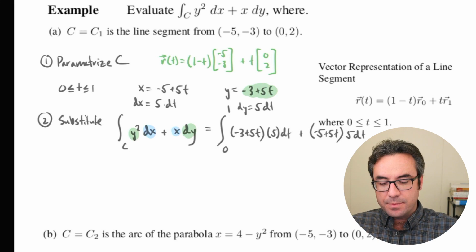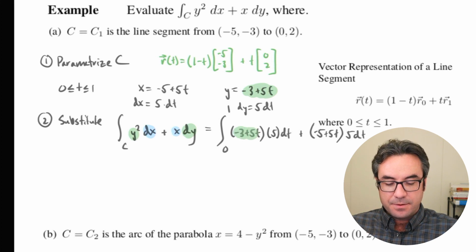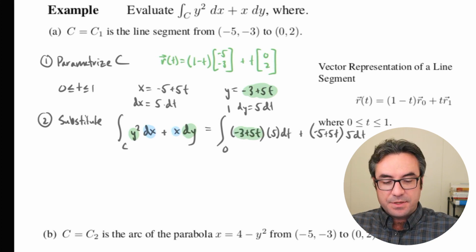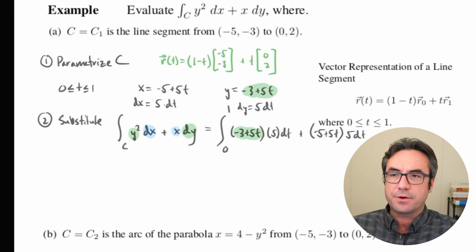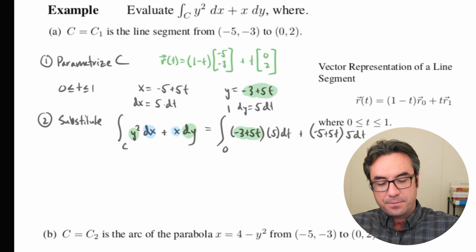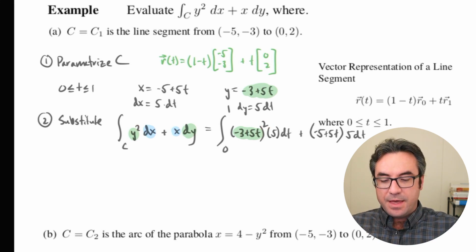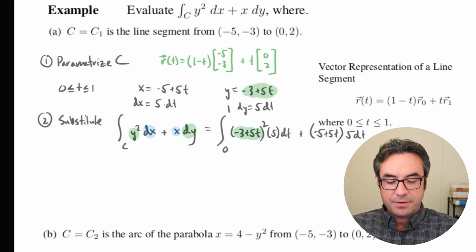So again, when we plug everything in, the y term that we saw right here, we plugged in the -3 plus 5t. And you know what? I'm missing the squared here. We need that squared. So there should be a squared up here. Then the dx that we calculated, we threw in right next to it.